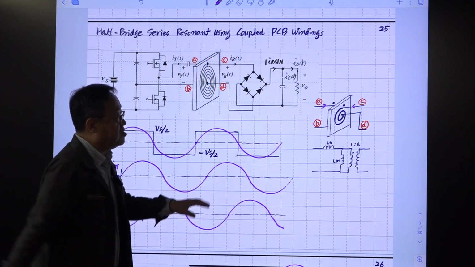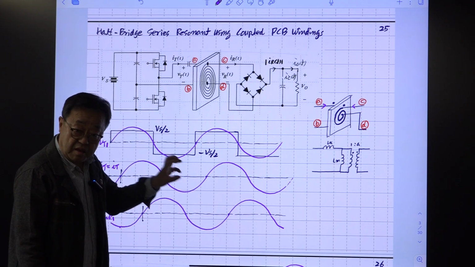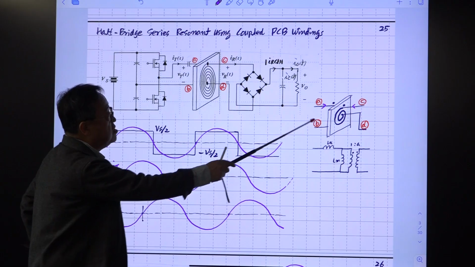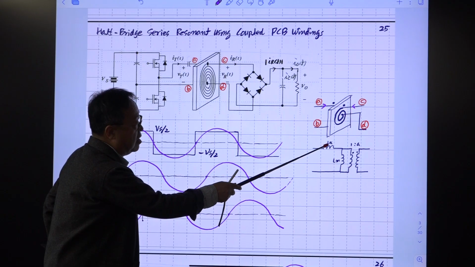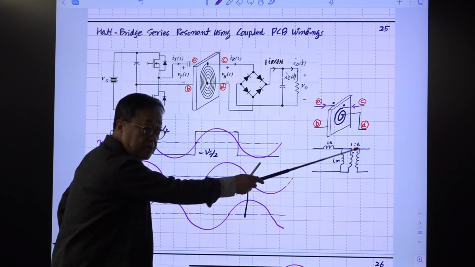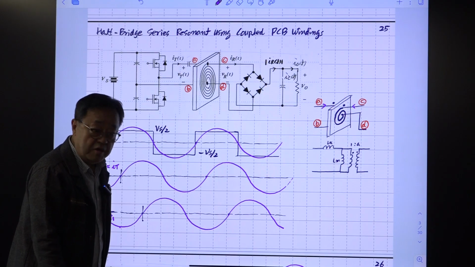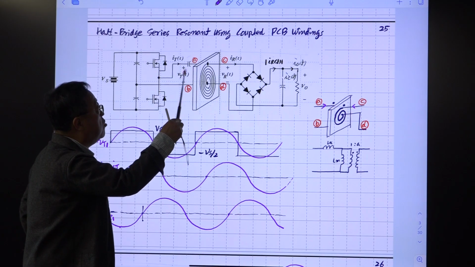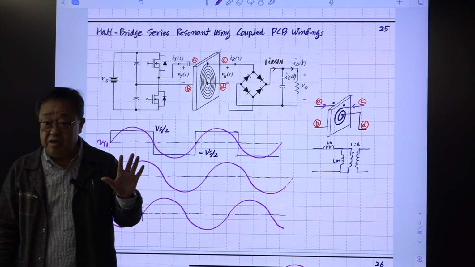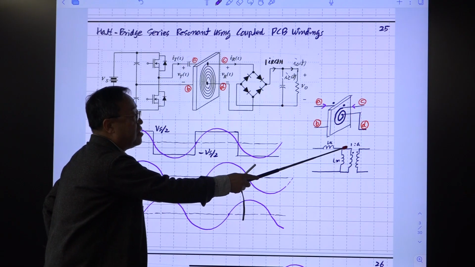This structure is the circuit model of a conventional transformer. You may consider this as a transformer with specially generated LK and LM and this coupling ratio, the turns ratio. The coupled spiral windings are identical, but the turns ratio is not 1:1.